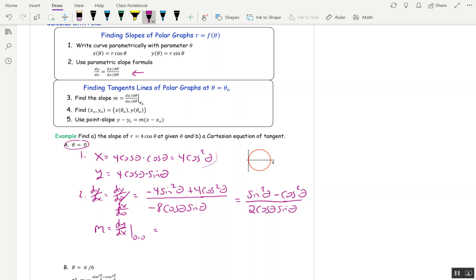And I get 0 minus 1 over the denominator, I get 0. So negative 1 over 0 is undefined. What does that mean? It means I have a vertical tangent. Vertical tangent. So I need a point on my curve, so I need the x naught, y naught.